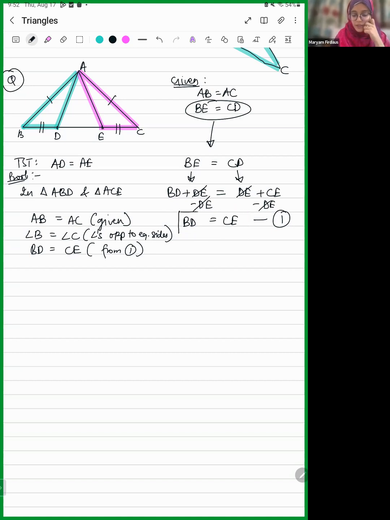Any doubt till here, anyone? No, ma'am. Okay. So therefore, by which rule now? SAS. By SAS, triangle ABD is congruent to triangle ACE.